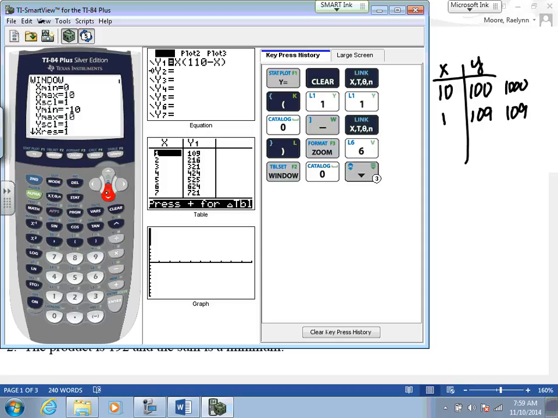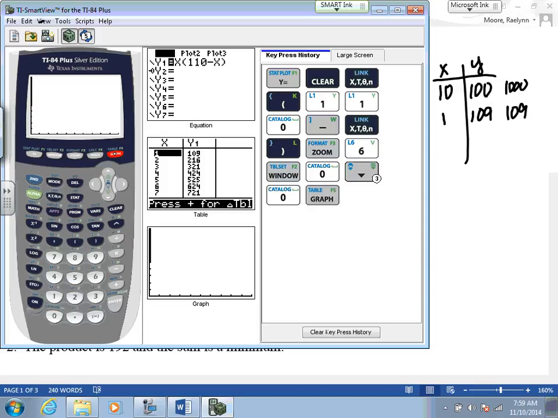I don't want you to do zoom ins and outs. I want you to work the window. Okay, and graph. We see a little bit of a graph coming, right? Very little.